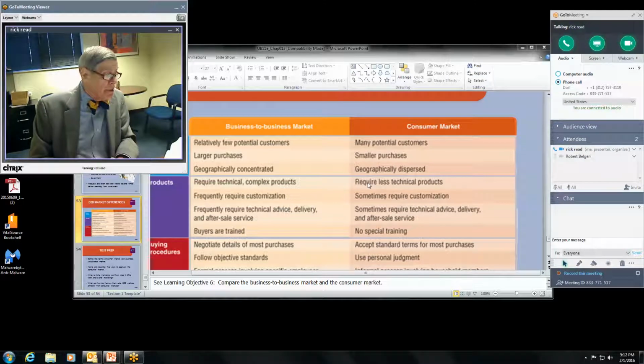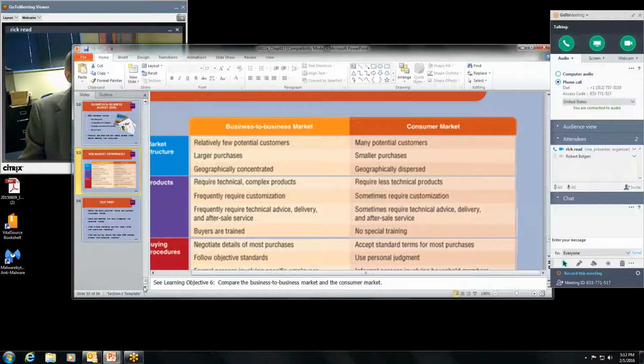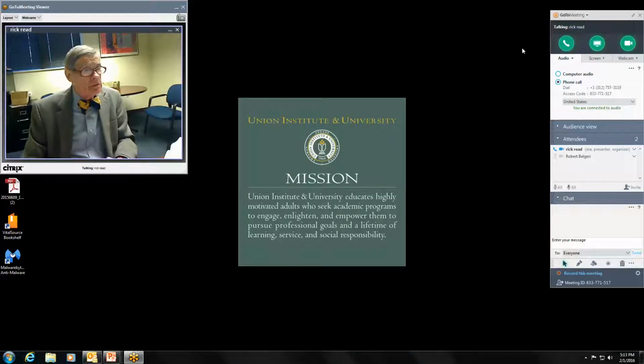You can see this on page 381 at the top, figure 13.7. And we will do some discussing of how people approach the business to business and business to consumer markets a little bit later. And I'm not going to spend any time on that at the present.